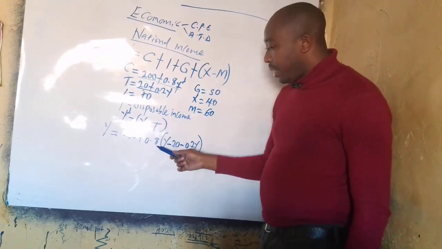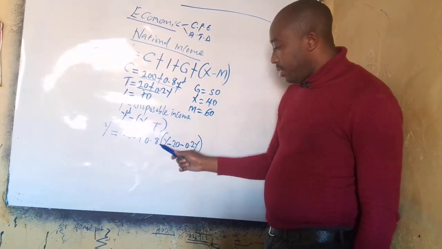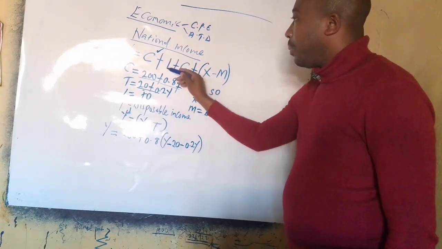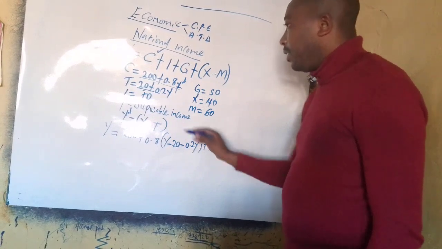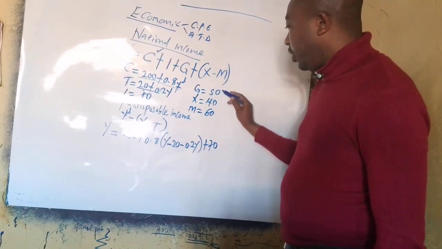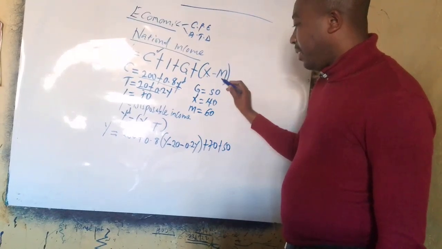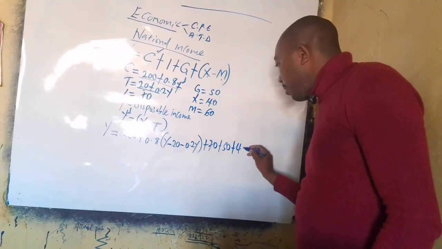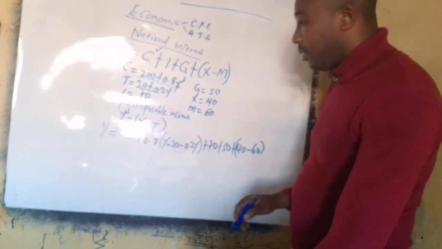That is YD, it is Y minus T. Then investment, I'm told, is 70. Here we have G, and our G is 50. Here we have X minus M, and my X is 40, so I add 40 minus 60. Very nice.